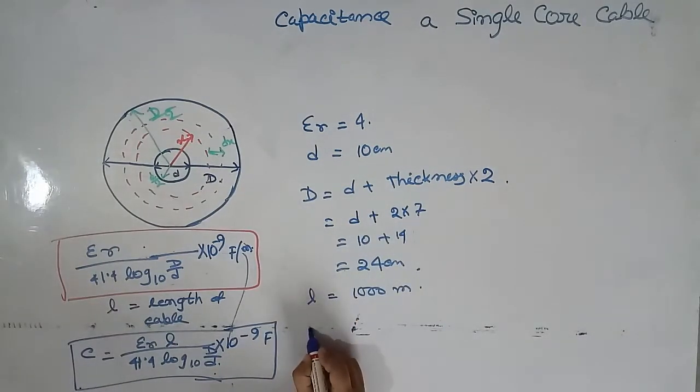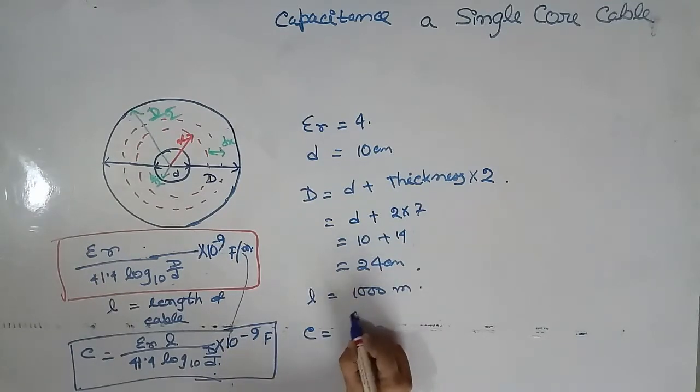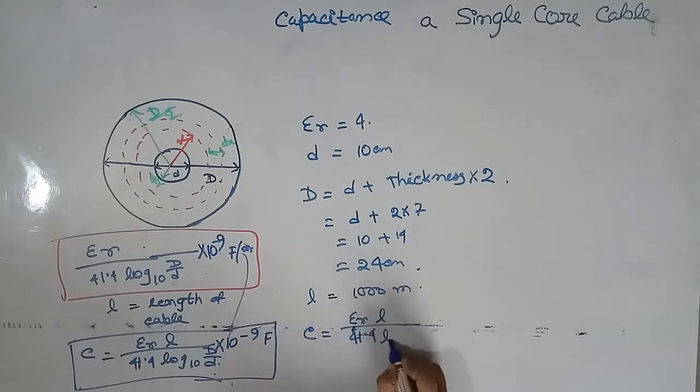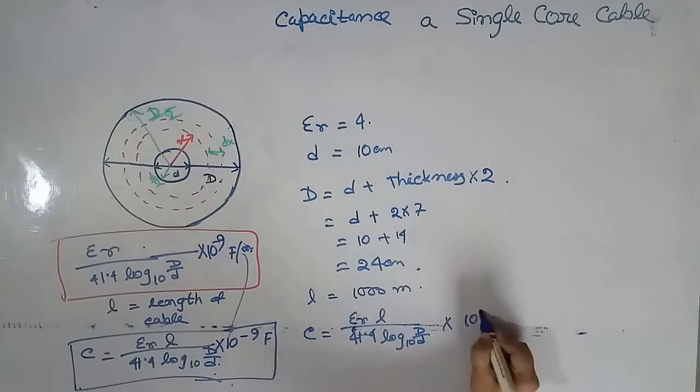So from here C is equal to epsilon r L by 41.4 log 10 D by d into 10 to the power minus 9.